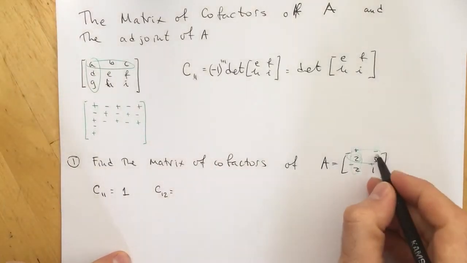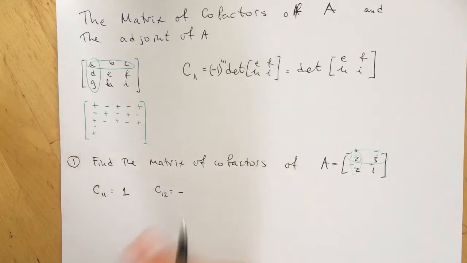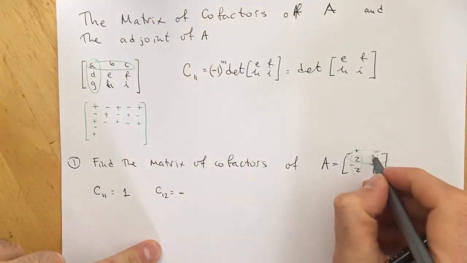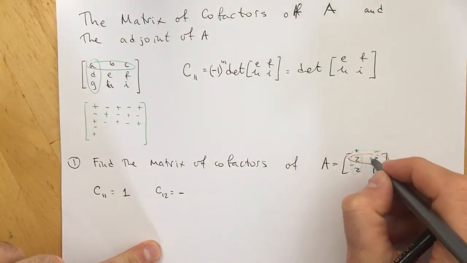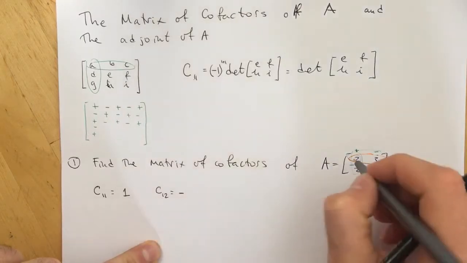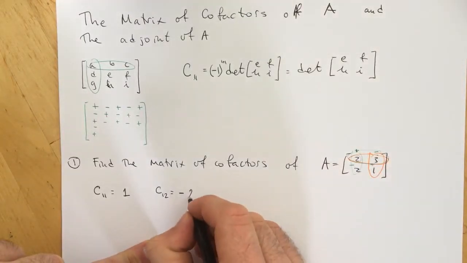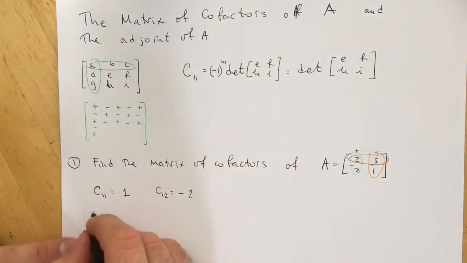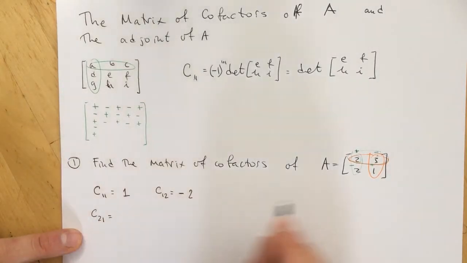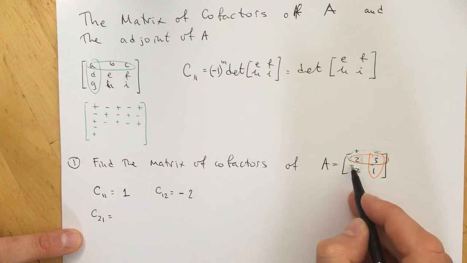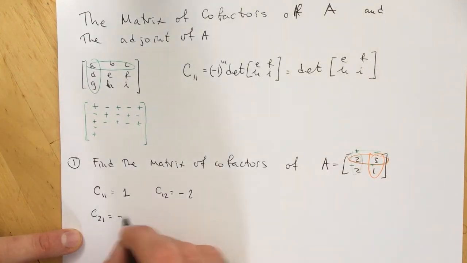Now C1,2. First of all, that's this entry right here, so it has to be negative. Now I'm looking for the determinant of the submatrix taking out the first row and the second column. So that leaves me with the entry 2. Then C2,1, that's this entry. Obviously, the cofactor is multiplied by -1.